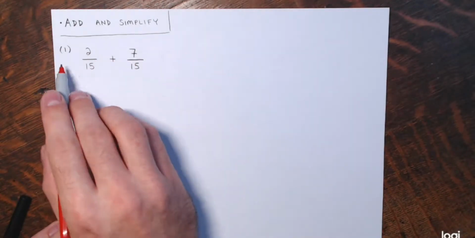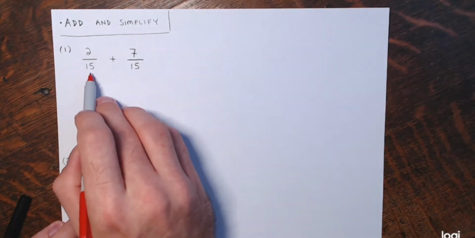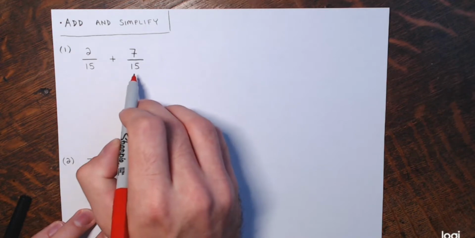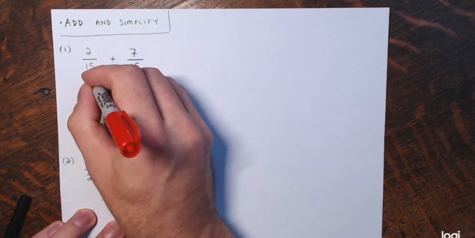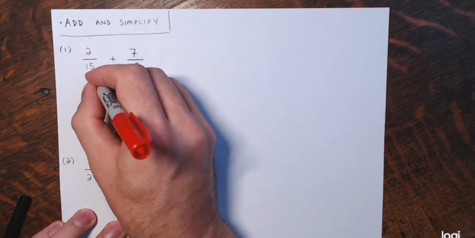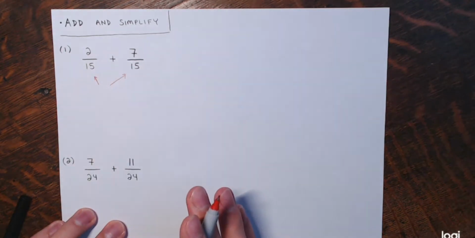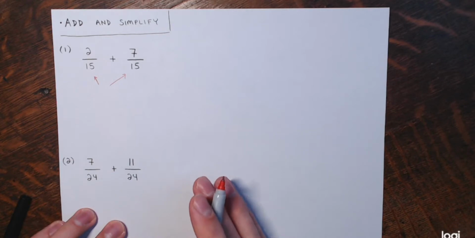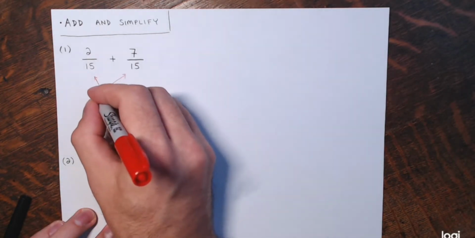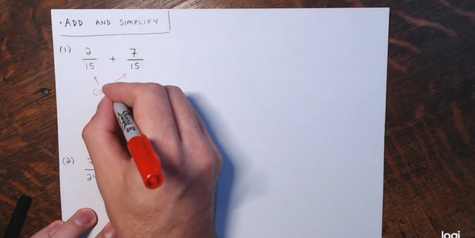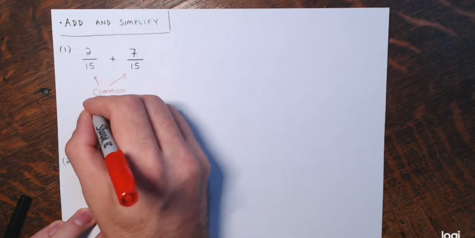Alright, so first example we have 2/15 plus 7/15. Notice that both fractions have the same denominator, or what they call a common denominator, and like I said earlier, this is going to be the case for every example in this video.